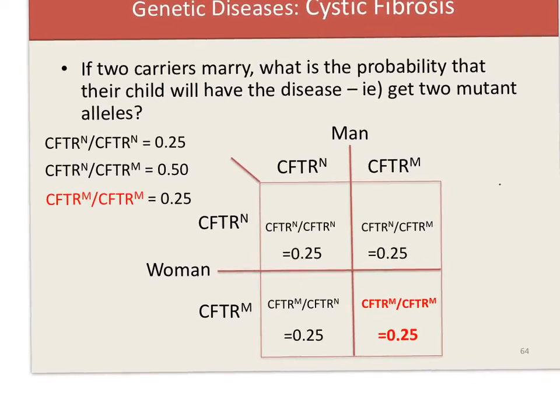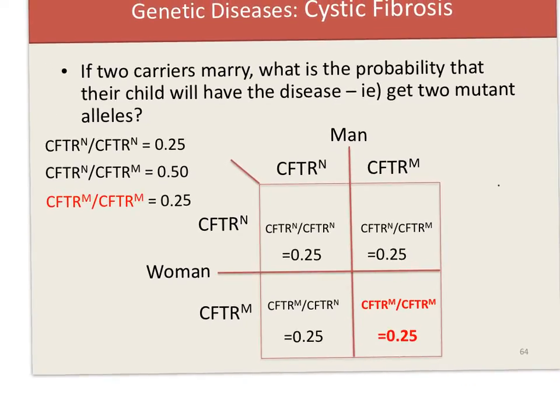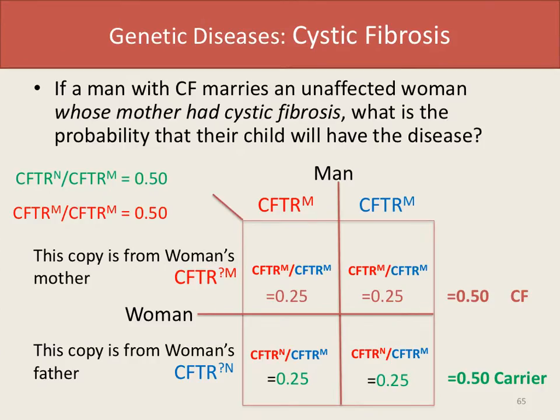So this is kind of what it looks like, as before. If 2 carriers marry, what's the probability that the child will have the disease? Same as 25%, just like sickle cell anemia.